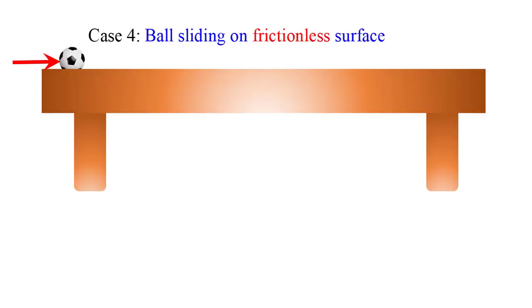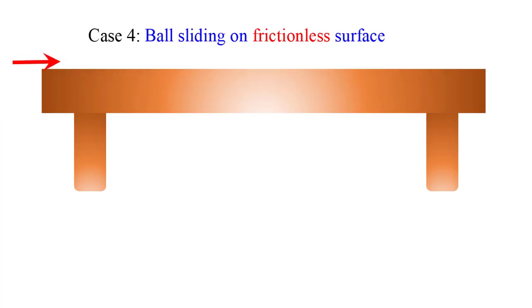The fourth case is a ball sliding on a perfectly frictionless surface. This kind of example is ideal because we cannot find a surface that is perfectly frictionless. But if we were to find that kind of surface, this is what would happen.